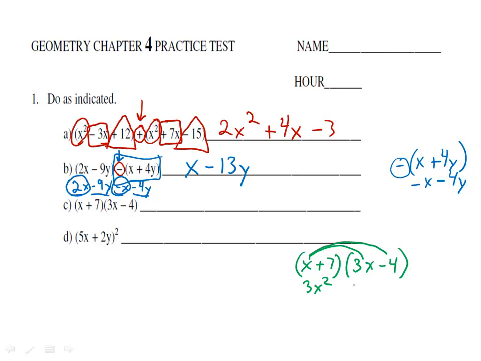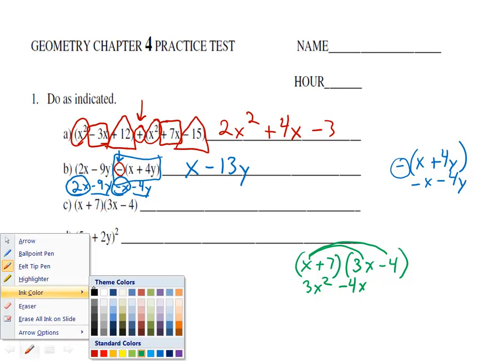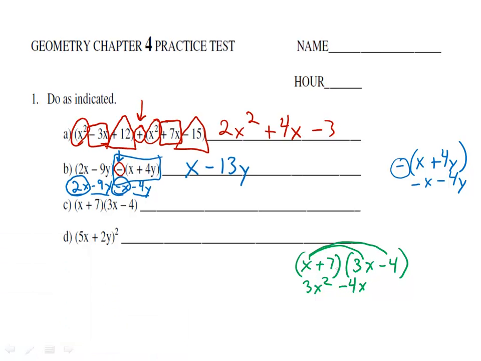X times negative 4 is negative 4x. Alright? Then once I've done that, I also have to make sure that I take the 7 times everything in both of these. 7 times 3x is 21x. And 7 times negative 4 is negative 28. Now, it's typical that we end up with like terms here in the middle. Negative 4x plus 21x is positive 17x. So we have 3x squared plus 17x minus 28.